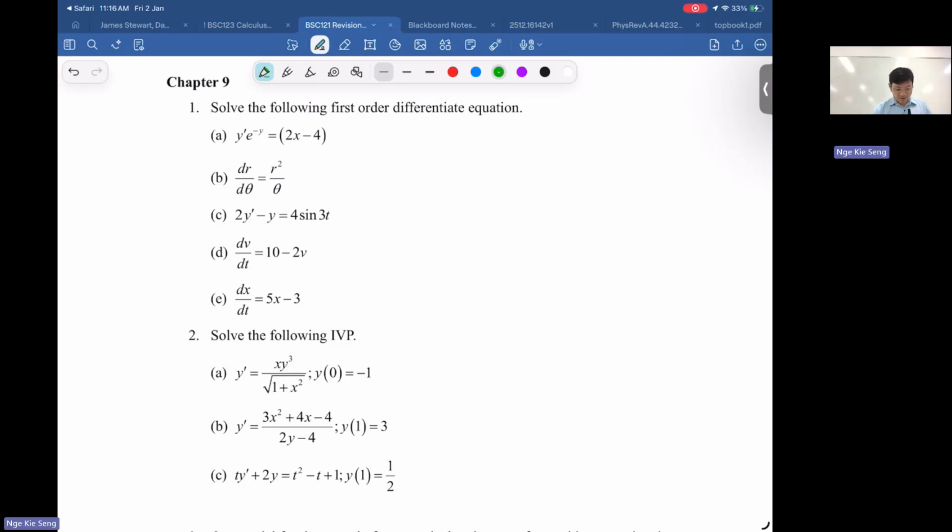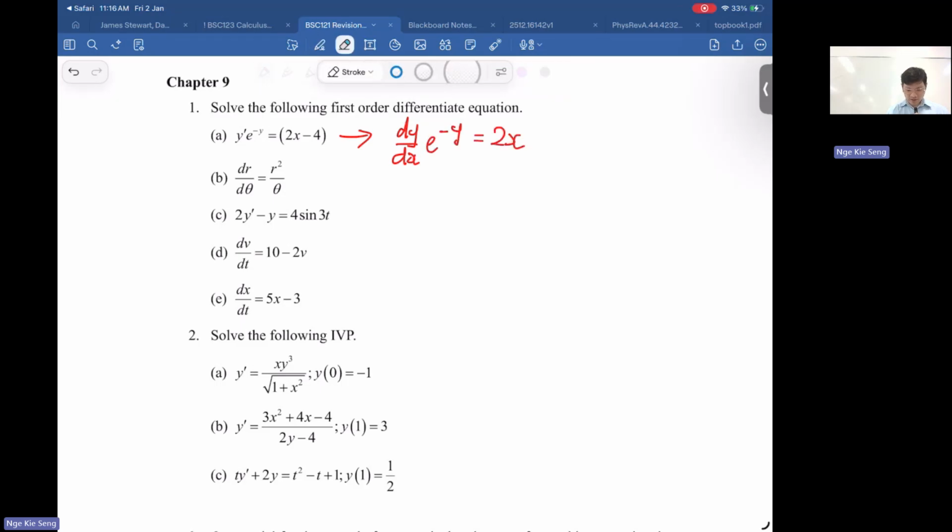Or maybe we can just discuss everything. Yeah. Maybe we can discuss everything. I mean, we can discuss how to start. Okay, so for example, for the first one A, we can rewrite it as dy over dx times e to the minus y equals 2x minus 4, right?